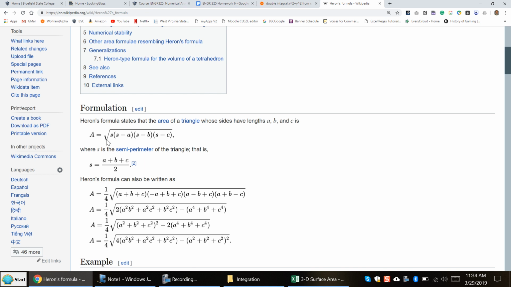And you plug into this formula: the square root of S times the quantity S minus A times the quantity S minus B times the quantity S minus C. And it'll calculate the area of any triangle. So we're going to use that to our advantage because we can calculate A, B, and C, even though they're in 3 dimensions. It's easy to do. Okay.